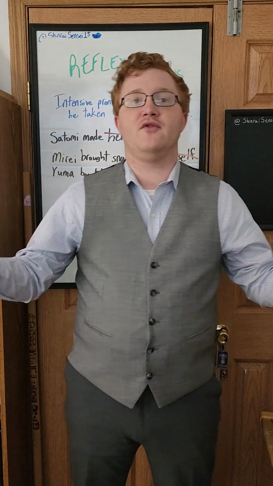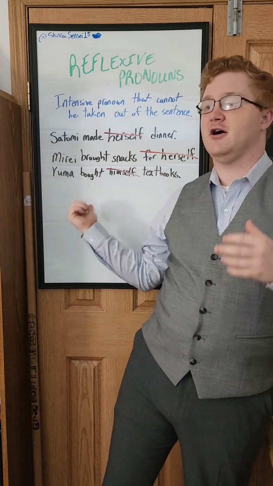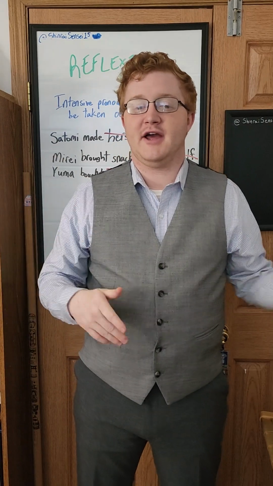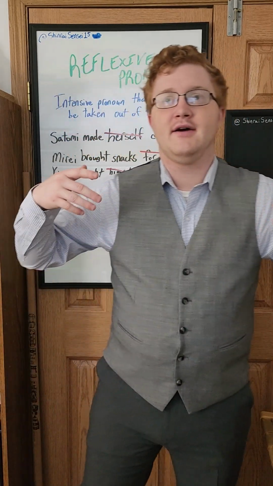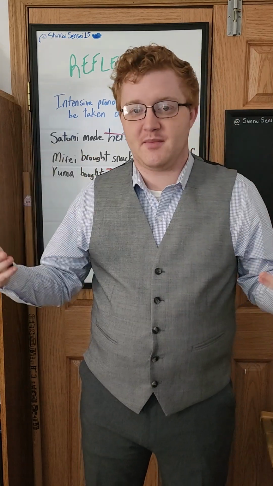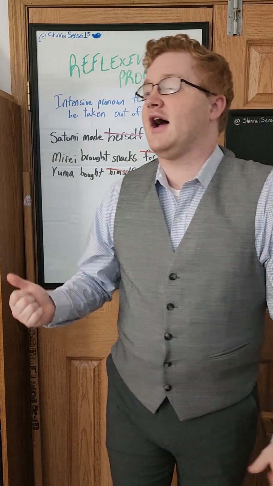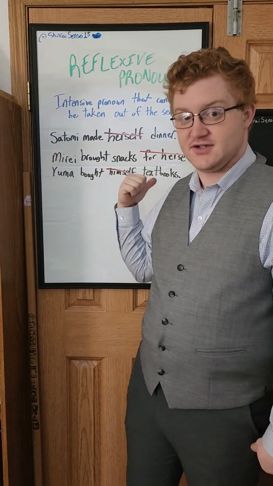So, once again, let's put this into a situation, right? We're all going to have a movie night at a friend's house, and there's me, Satomi, Yuma, Mirei, and Nabe, and a few others. We all have different things that we're supposed to be bringing, or maybe we're trying to figure out who's going to bring stuff, right? And I say, well, Mirei brought snacks herself.